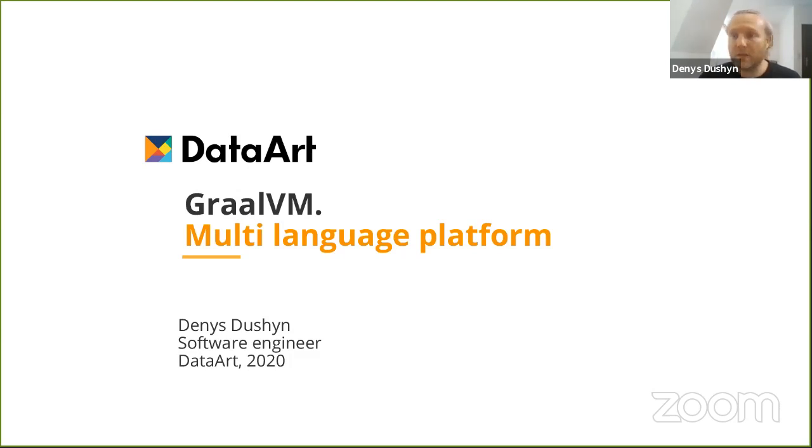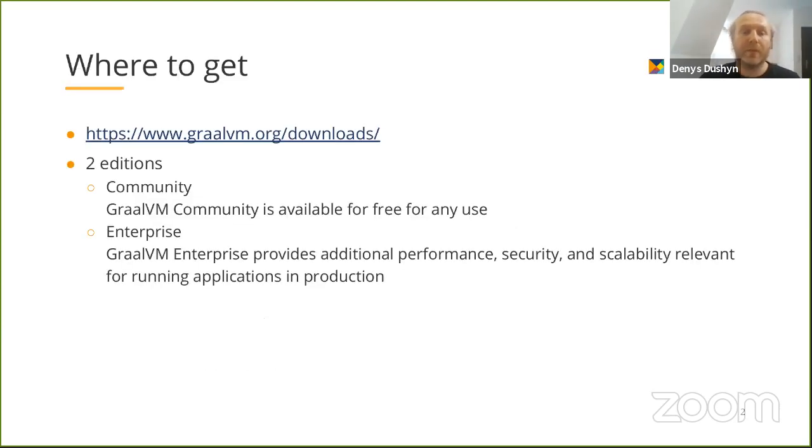So I think we can start and go to the next slide. First of all, I would like to say that there are two different editions for this platform. You can get it on the official site. One edition is community. It's available for free and anyone can use it for any purpose. It's free for any use.